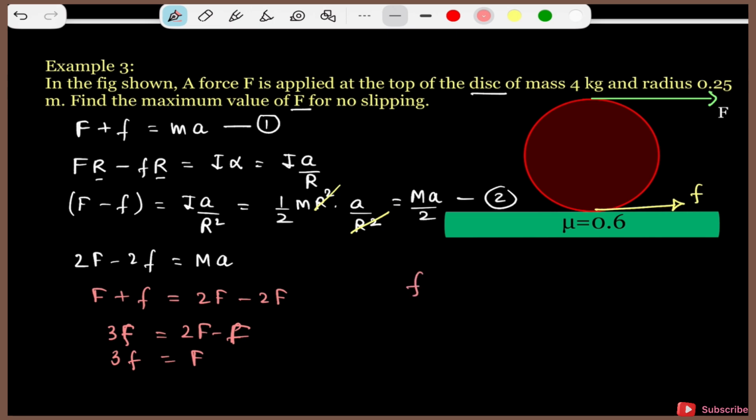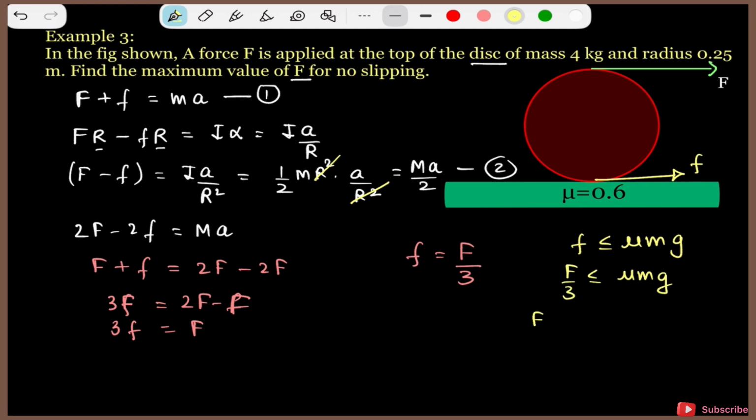So again the frictional force is like this, but the maximum value of friction can be written as mu mg. So here we can plug the values: in place of friction we can write F by 3 less than or equal to mu mg.